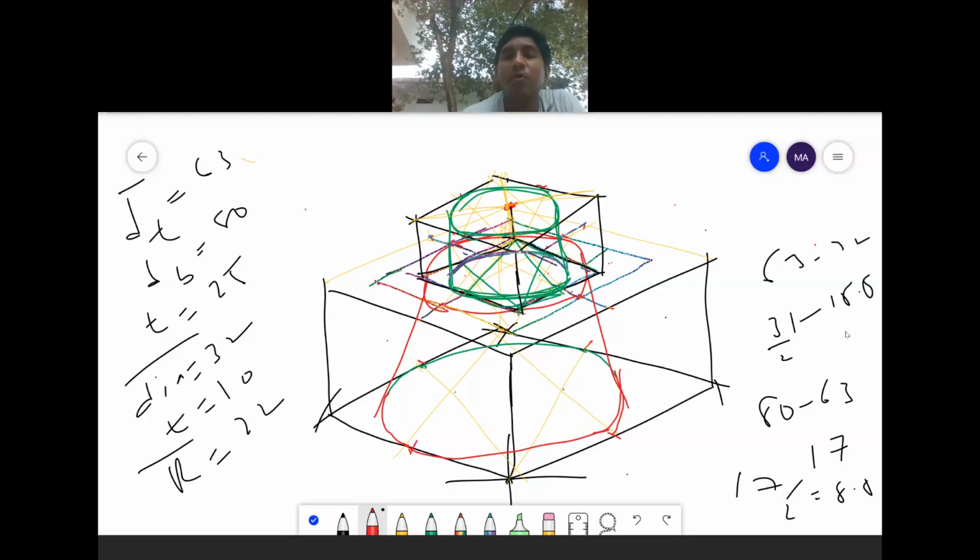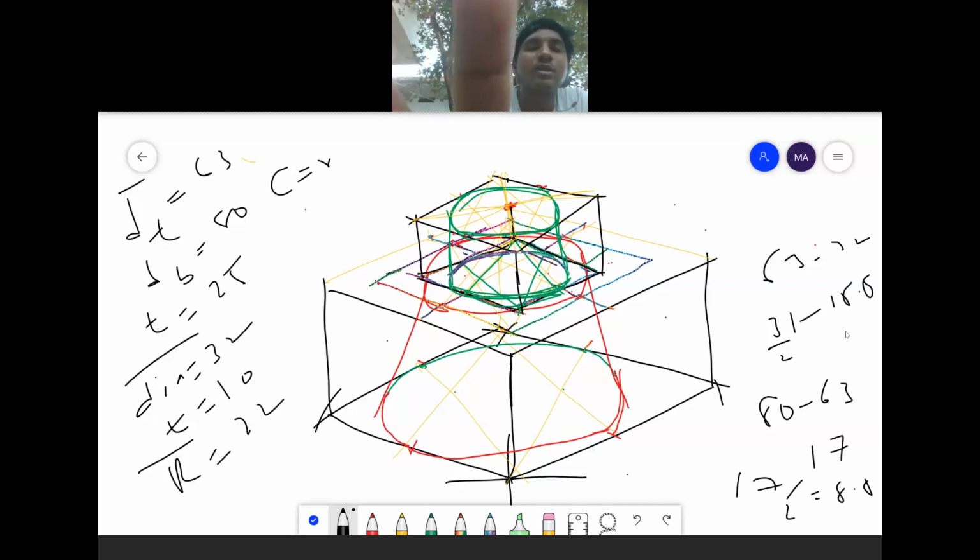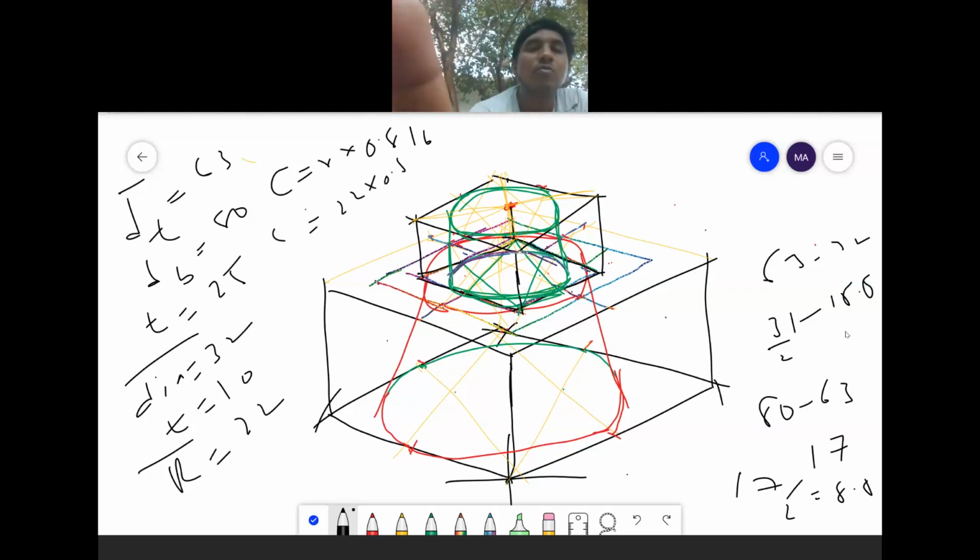From that midpoint, I need to calculate the radius. For calculating the center distance, we have one formula. Center distance is equal to radius into 0.816. That is, 22 into 0.816.